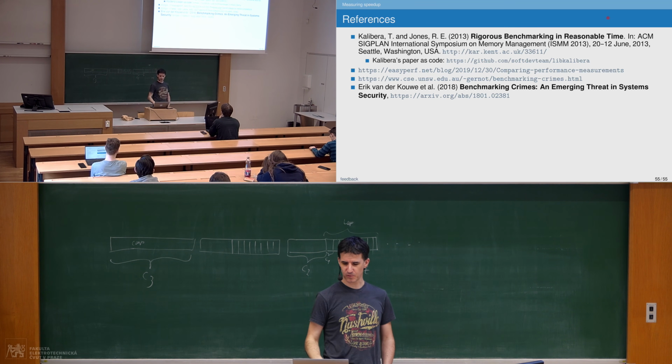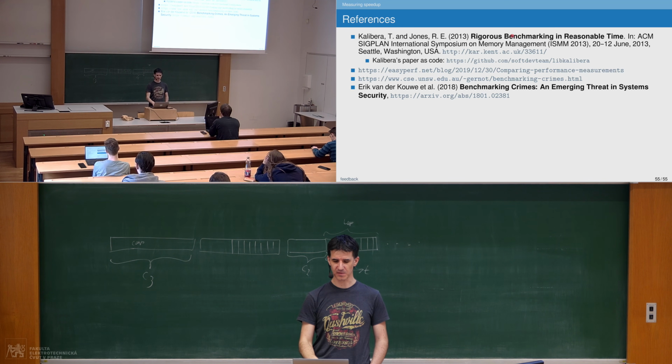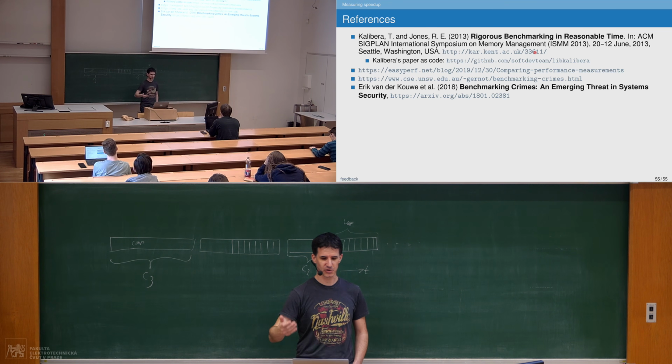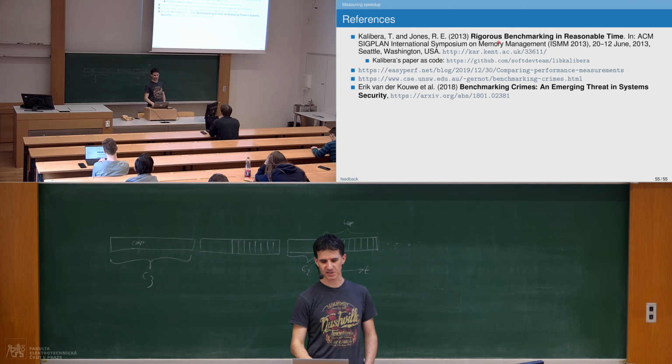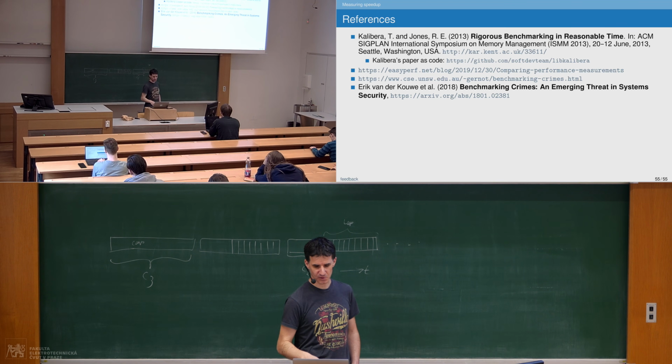So to conclude, for the homework that you will do in, I think, like 3 weeks, I recommend reading this paper. A big portion of this lecture was based on this paper, all these statistics. The paper is called Rigorous Benchmarking in Reasonable Time.